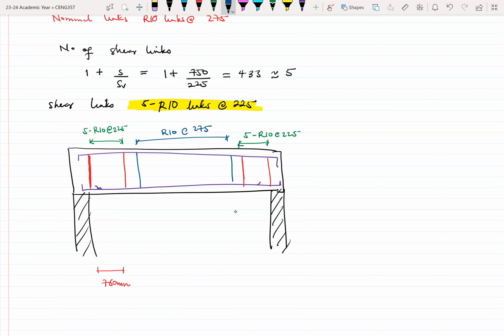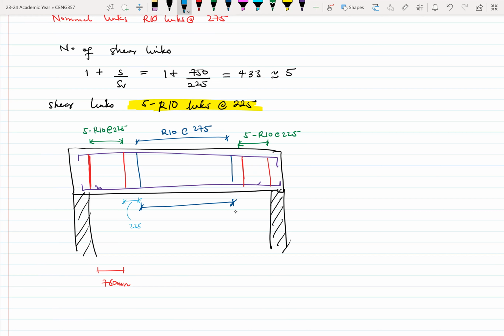If you want to find the number of nominal links that we have, we can easily determine this distance. The space between the start of the nominal and the shear links, this distance would be the 225, because that is what's coming from the shear links.